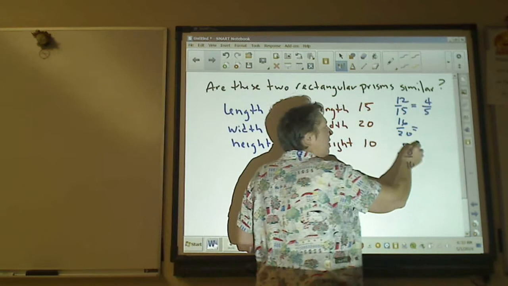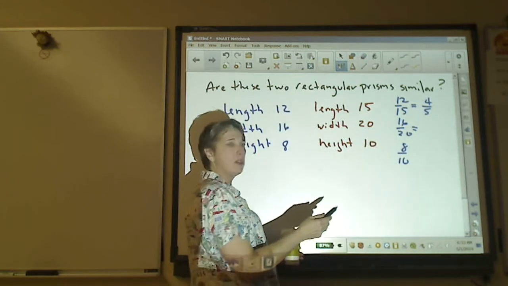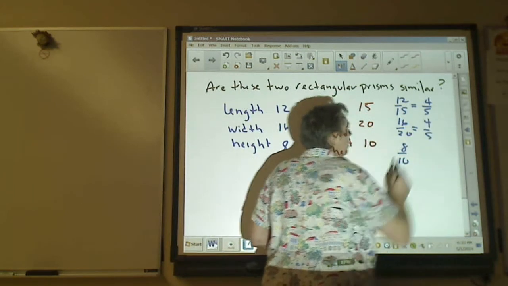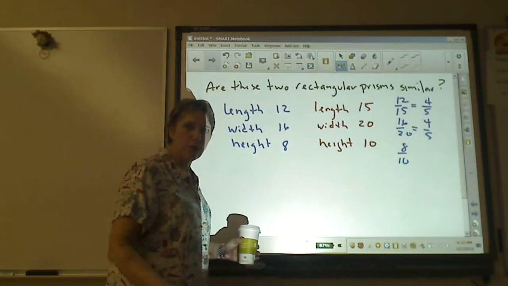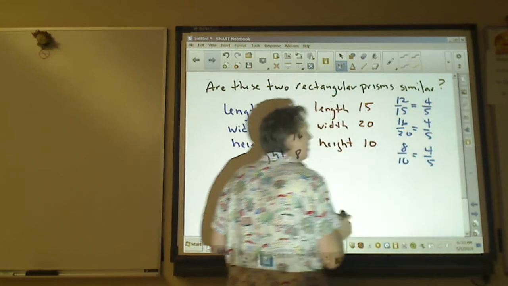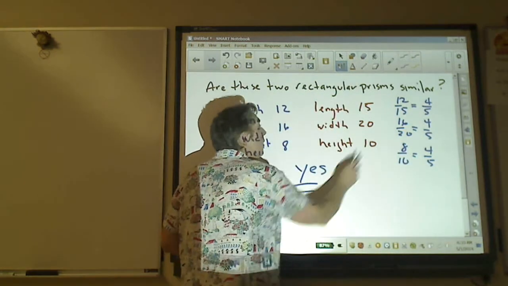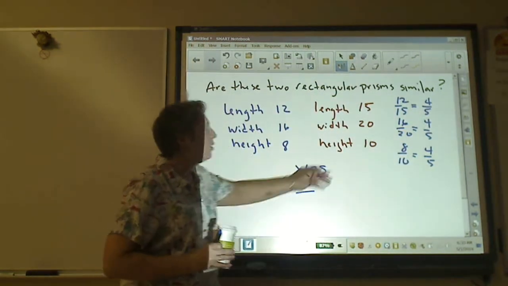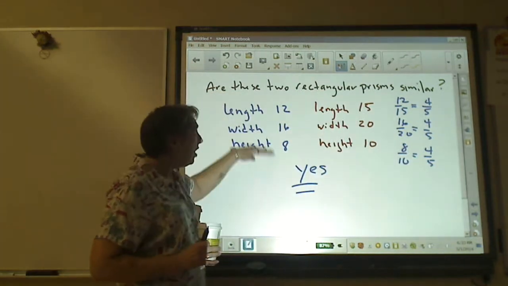Now, 16/20, 4 goes into both of them, so it's 4/5. And 8/10, 2 goes into both of them, so it's 4/5. Are they similar? Yes, but you have to prove it. So you would write this on your paper.